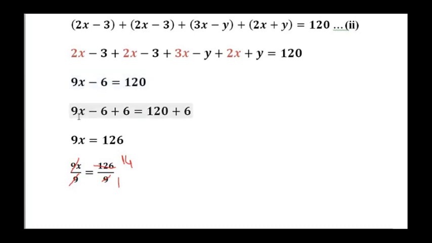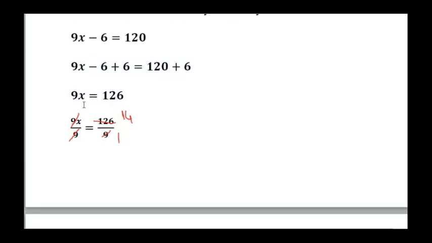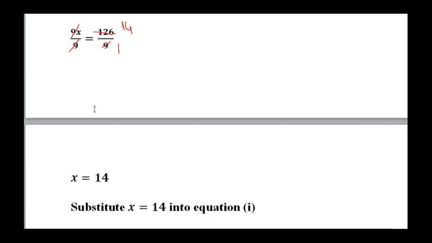This will result in 9x - 6 + 6 equals 120 + 6. Now, positive 6 minus 6 is 0. We get 9x equals 126. Next, I'll divide both sides of the equation by 9. We get x equals 14.